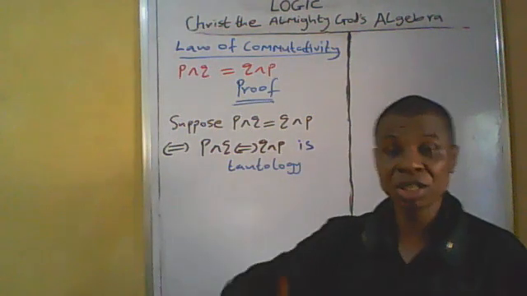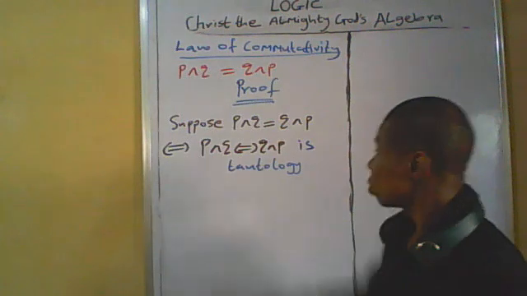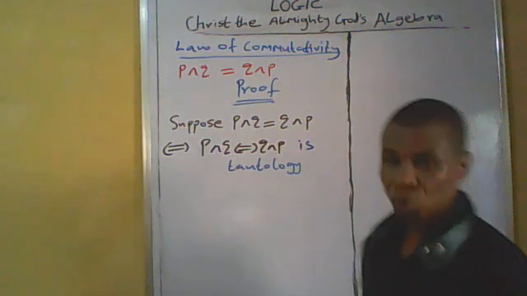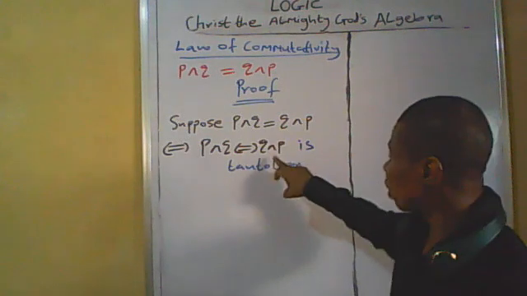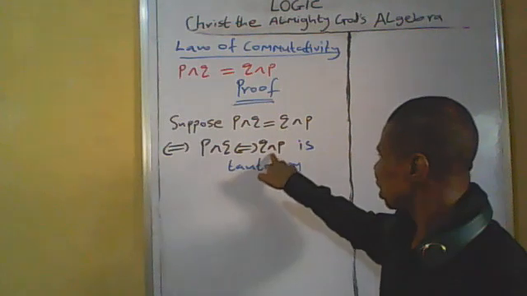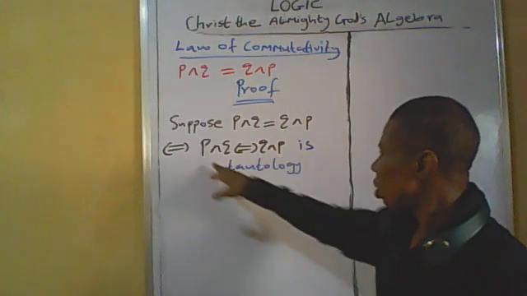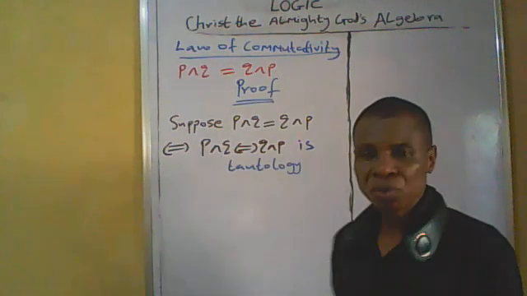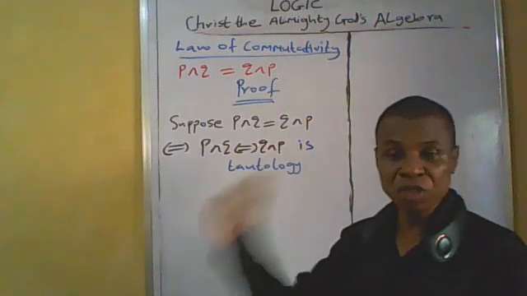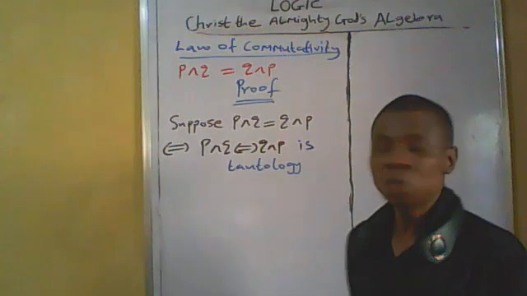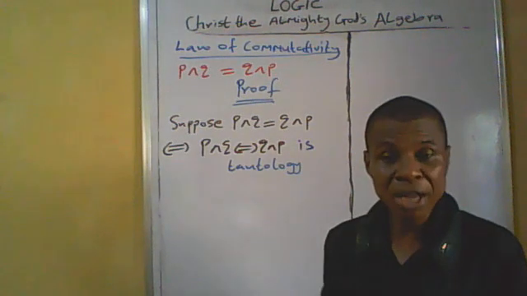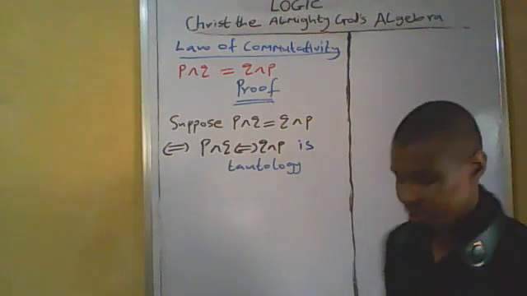It's still a tautology, because whenever the left equivalent is true, the right equivalent is also true. In the same vein, whenever the right equivalent is false, the left equivalent is also false. So there's no possibility of getting a false; it is always true. We say that it is a tautology, being justified by logical equivalence.